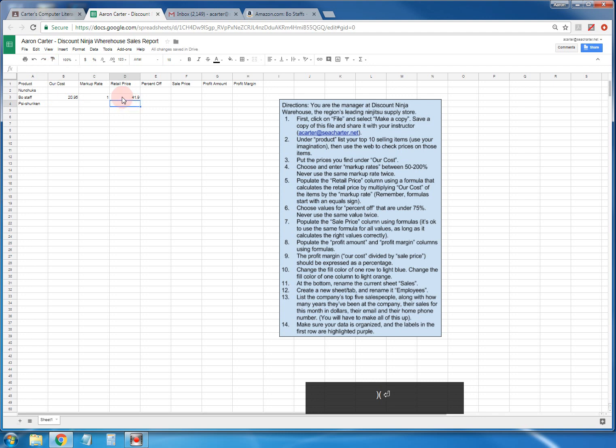Now the nice thing about formulas, remember, is that once we get it set up, once we teach the computer how to do the calculations, if we put in something like $35 here and a markup rate of, let's say 0.5 this time, we can just left click here, control C for copy, and then control V for paste.